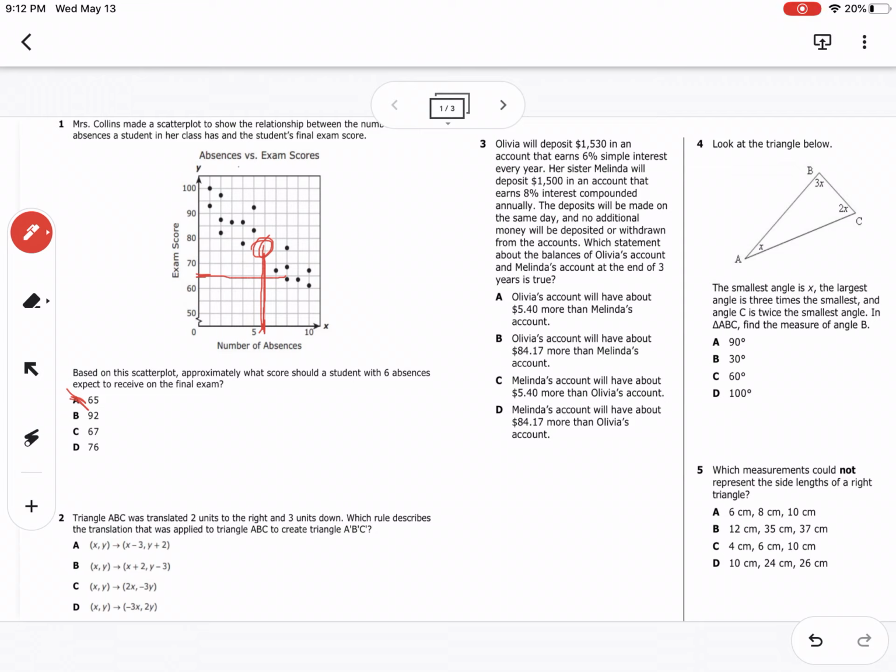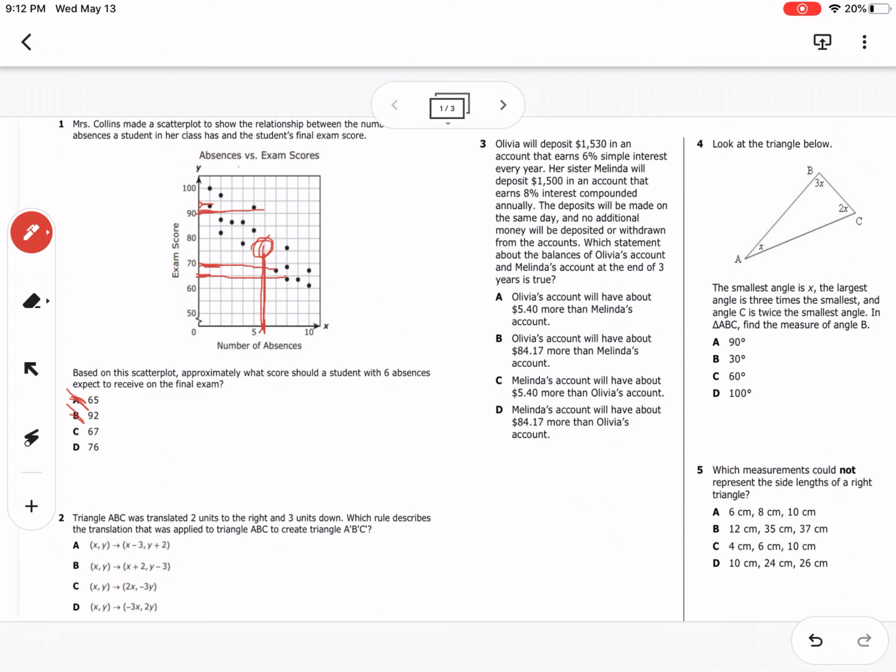Now, looking at B, this is all a process of elimination here. 92. So the exam score at 92 would fall somewhere around here. That is not where I have it circled. That is not where our number of absences would fall because that wouldn't be linear. So we can go ahead and cross that out. For C, 67. 67 would be about right here, somewhere under 30.